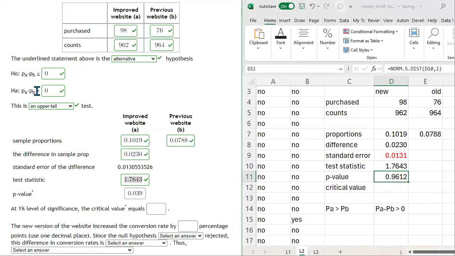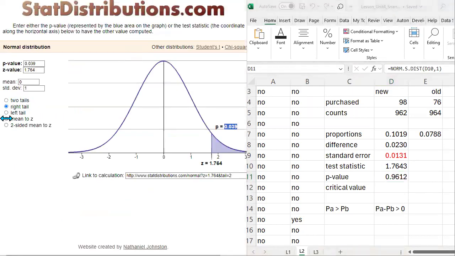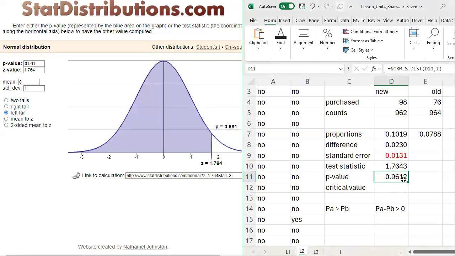This is the left tail probability. We want the right tail probability. So up here in statdistributions.com, what we've computed here is the left tail probability. See that? 0.961. To 4 decimals, it's 0.9612. So to convert this to a right tail probability, I can subtract this from 1. Why do that, right?